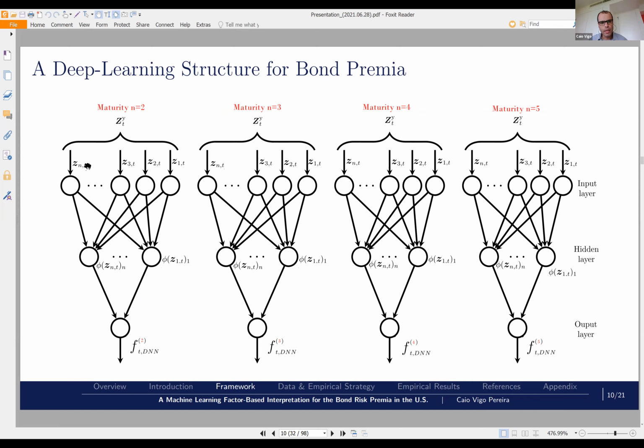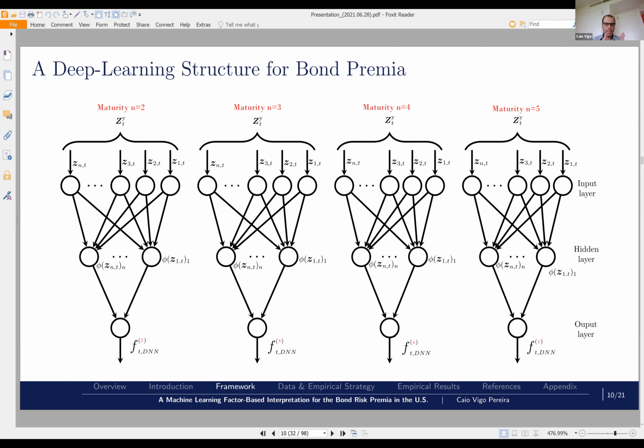So for each one, the input layer here will use just yields, a set of yields. So I'm being consistent with the economic theory here. Then there will be clearly the hidden layers. And then at each T, I'm going to be finding a scalar associated with this maturity, a scalar associated with this maturity, and so on.